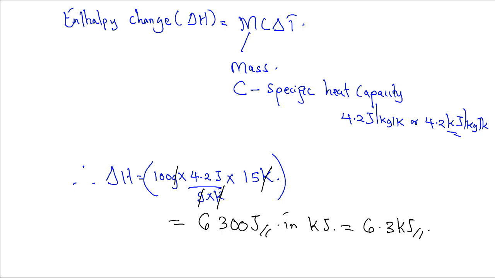This amount of heat is produced by 1.7 grams of ethanol. We can go ahead and calculate now the molar heat of combustion. Let's have the two ways of calculating molar heat of combustion.